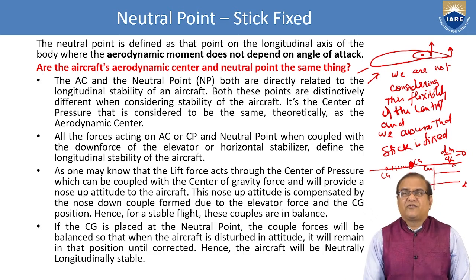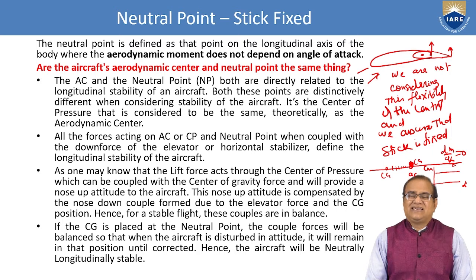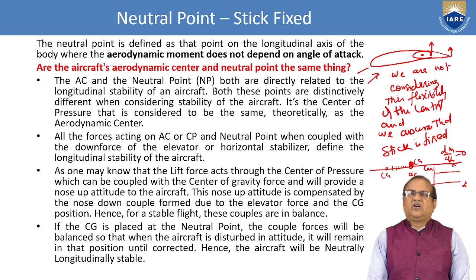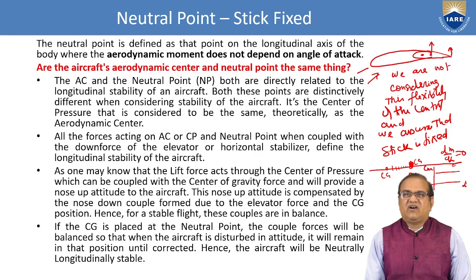One question I want to raise before I start: are the aircraft aerodynamic center and the neutral point the same thing? Just I am going to clarify here. The aerodynamic center and the neutral point NP both are directly related to the longitudinal stability of an aircraft. Both these points are distinctively different when considering stability of the aircraft.